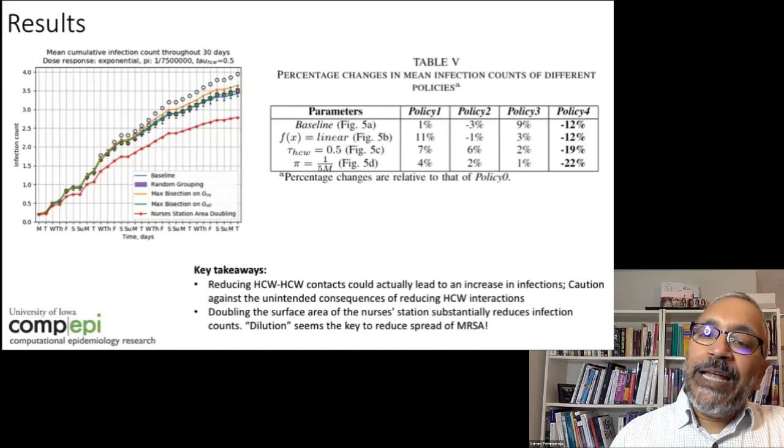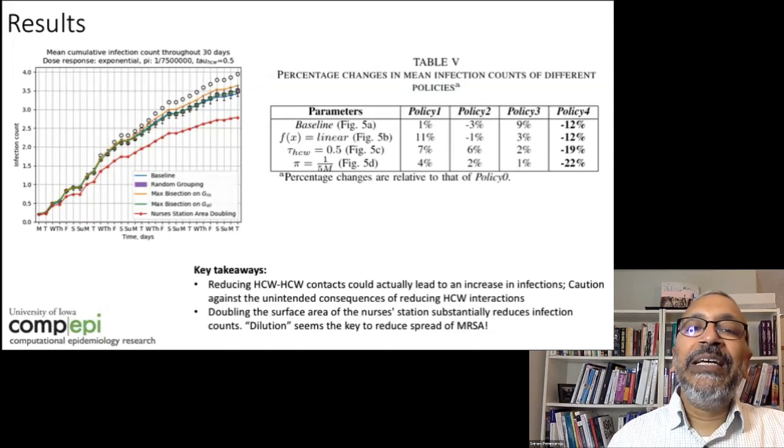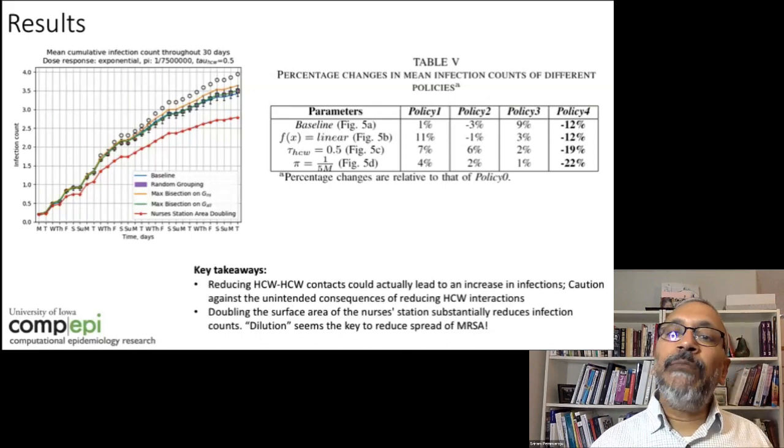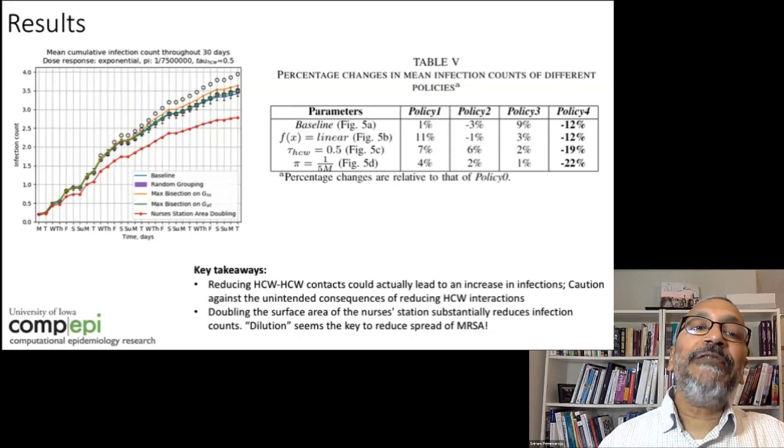Because what happens is that extra edges, extra contacts have a way of spreading the pathogen that then leads to its dilution, especially if pathogen can move onto surfaces that are subsequently cleaned. This, of course, reduces the load of pathogen on patients. So this is one of the interesting findings we had.